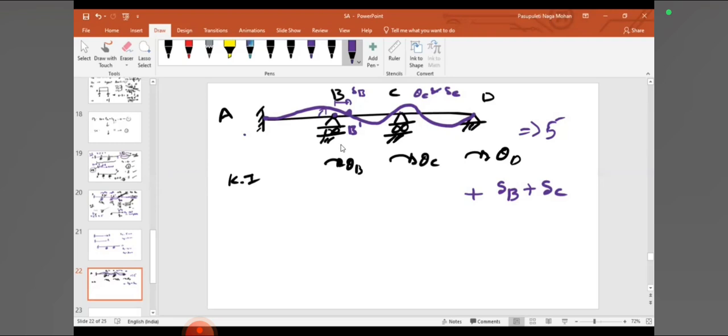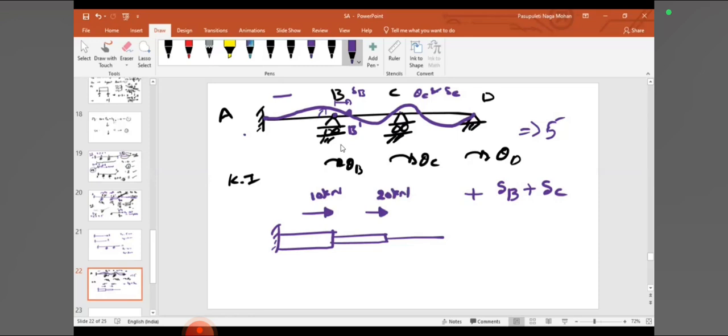Now let me tell you one thing. I think you are very clear about bar problems. Imagine here I apply a force of 10 kilonewton, and at this point I apply a force of 20 kilonewton. Now tell me, do you really think the displacement at B is equal to the displacement at C? No, sir, not possible.